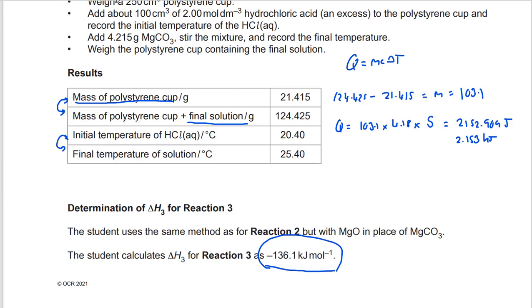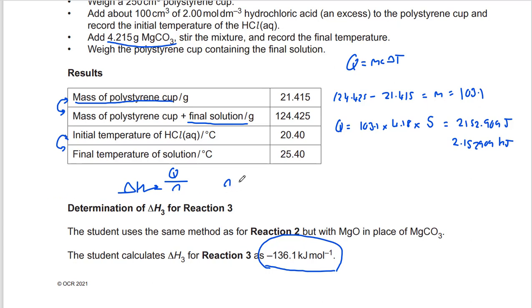Okay, in fact, let's not get into bad habits just because I'm being lazy. Don't get into bad habits like me. Put the whole number out, or keep it in your calculator, 2.152909 kilojoules, just to avoid all confusion. Now, in order to work out delta H, we need to do Q divided by the number of moles of magnesium carbonate. We are told in the question that we have 4.215 grams of magnesium carbonate.